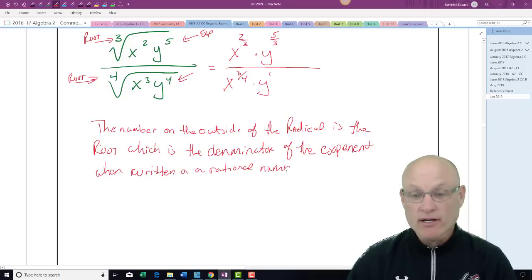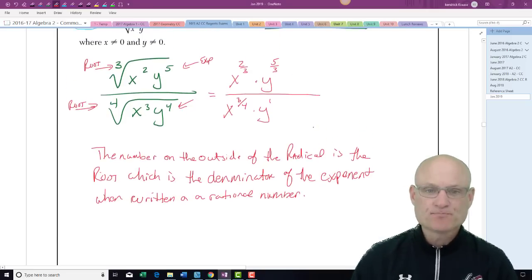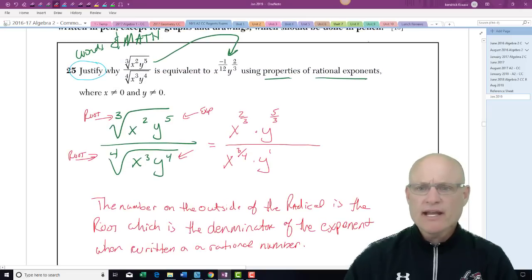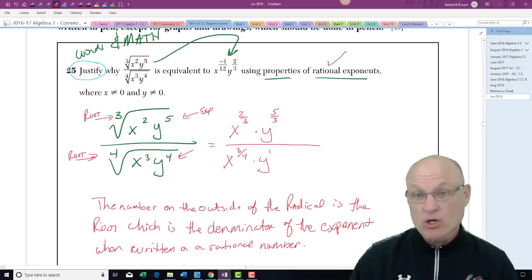I don't know about you, but I hate writing in math, but you know, it's a necessary evil. All right. And it said say rational exponent, so that's why I use the word rational.